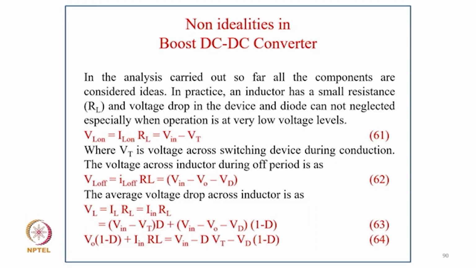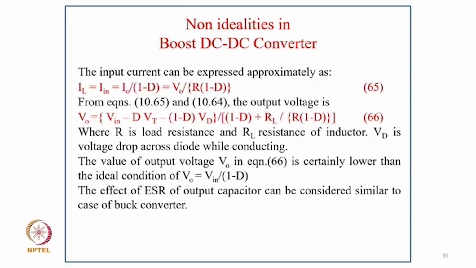The average voltage drop across the inductor is VL equals IL RL, which equals (V in minus VT) times D plus (V in minus VO minus VD) times (1 minus D), or V in minus D VT minus (1 minus D) VD equals VO (1 minus D) plus IL RL. So you can say the input current can be expressed approximately as IL equals I in, which is I upon 1 minus D, or V upon R (1 minus D).